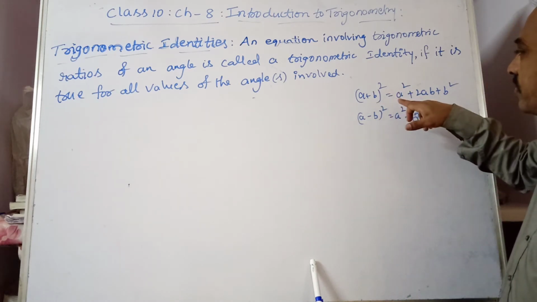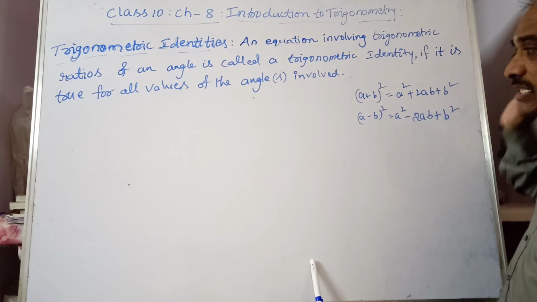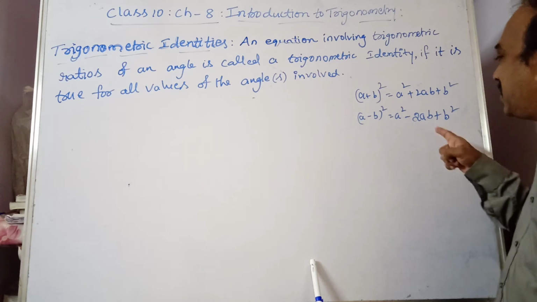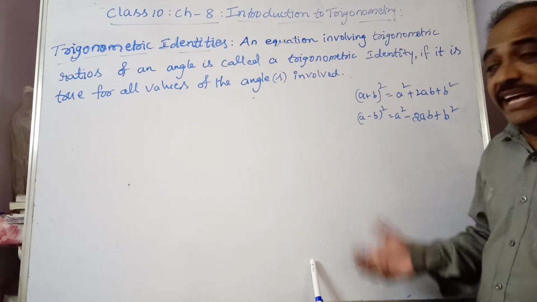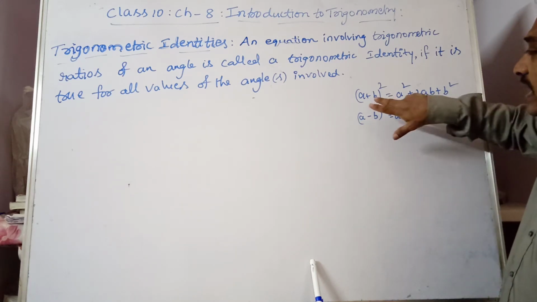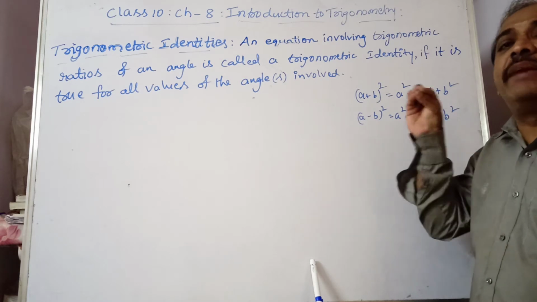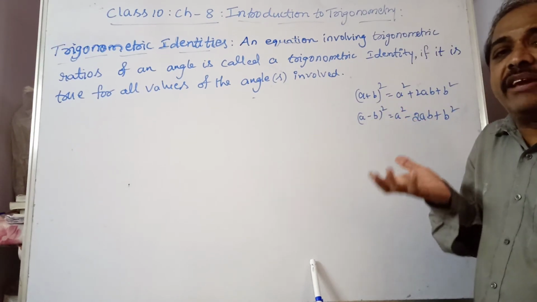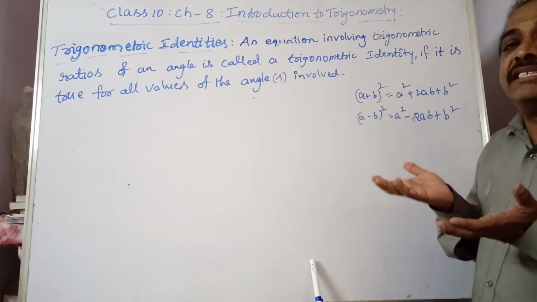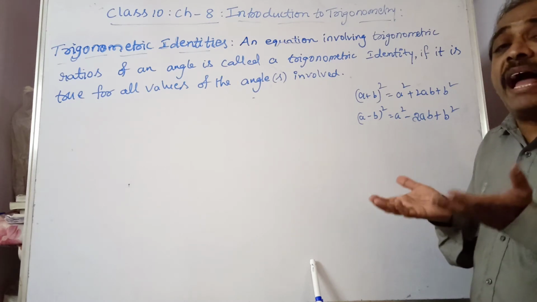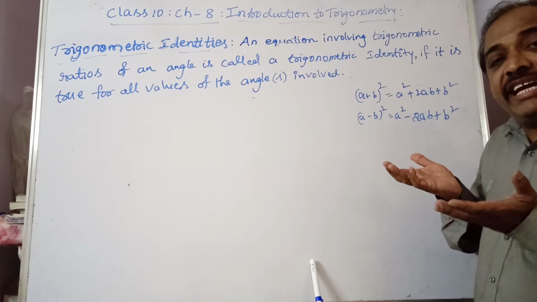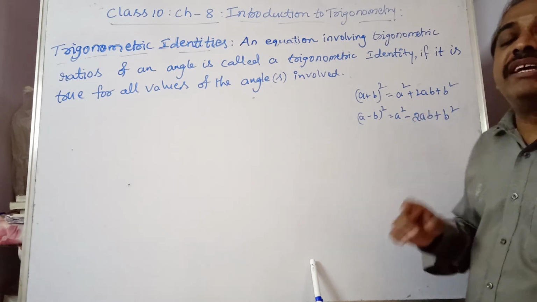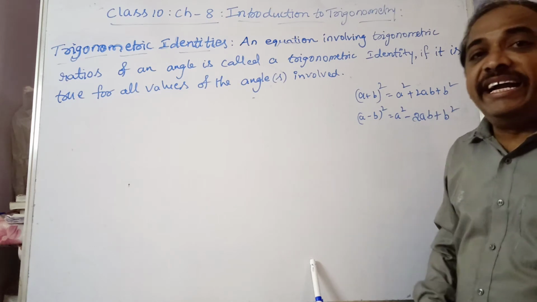(a plus b) whole square is equal to a square plus 2ab plus b square, and (a minus b) whole square is equal to a square minus 2ab plus b square. For whatever values you give for a and b, both LHS and RHS balance, and we get the same value.